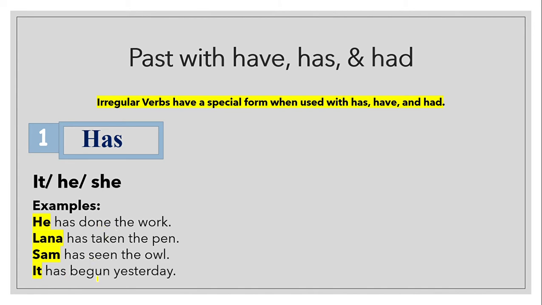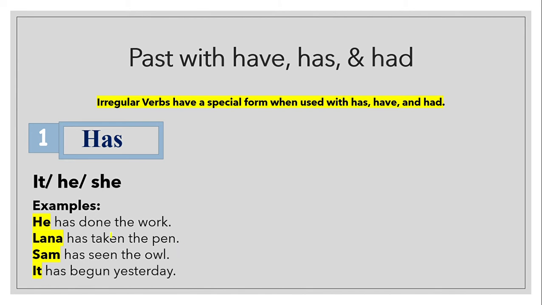Now here I'm just telling you why I used has, because we have singular pronouns or nouns. He, Lana, he only one, Lana one, Sam one, it one. So for the singular, use has.